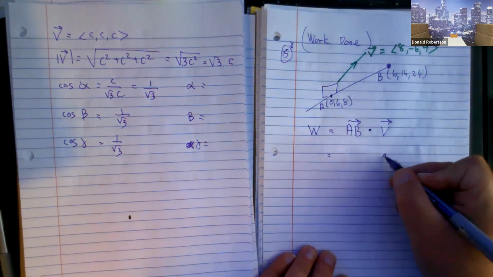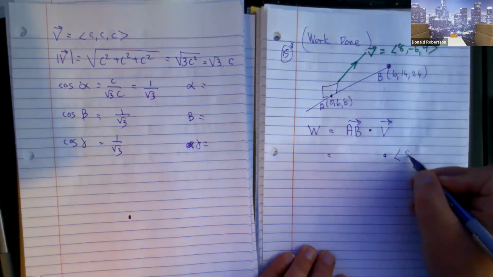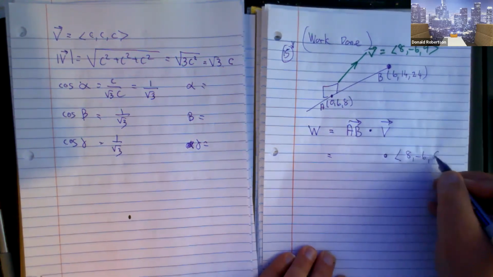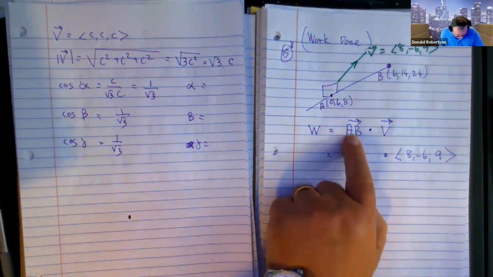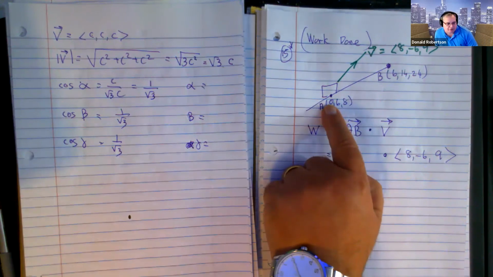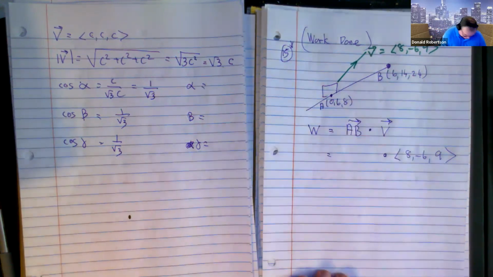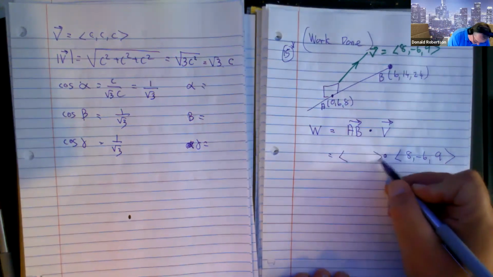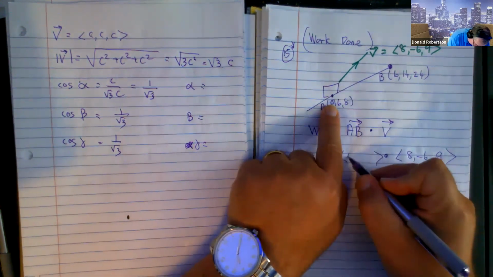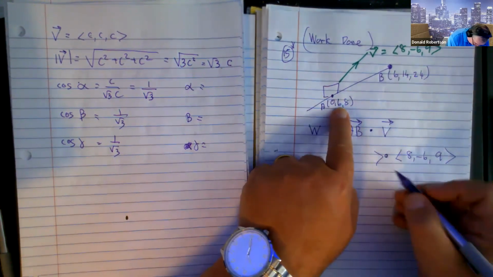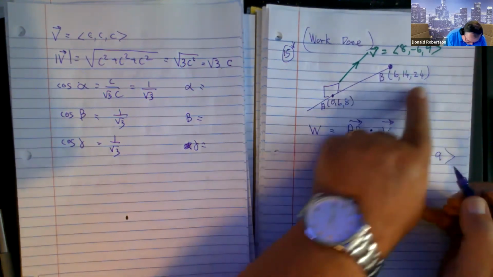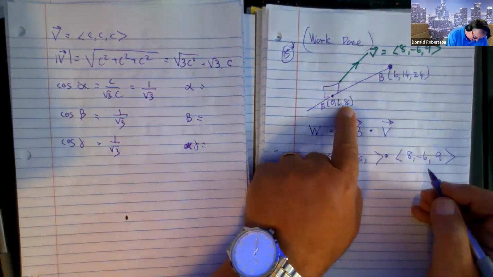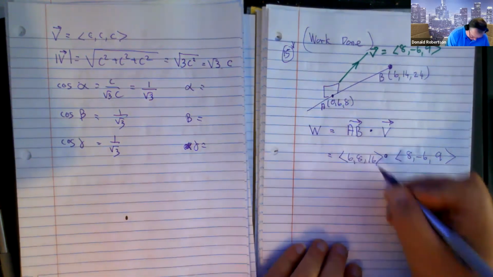Now I know what the force vector is. It's over here. It's 8, negative 6, and 9. And isn't the vector AB just the vector joining A to B? So let's see if I can do that in my head. 6 take away nothing is 6. 14 take away 6 is 8. And 24 take away 8 is 16.